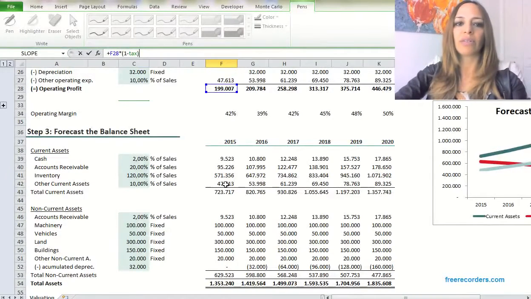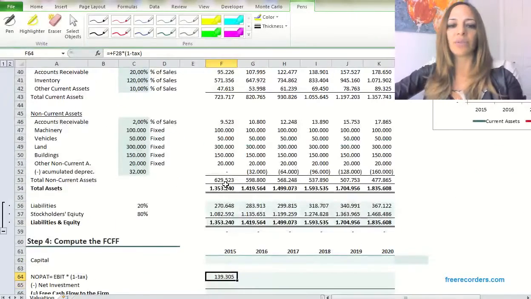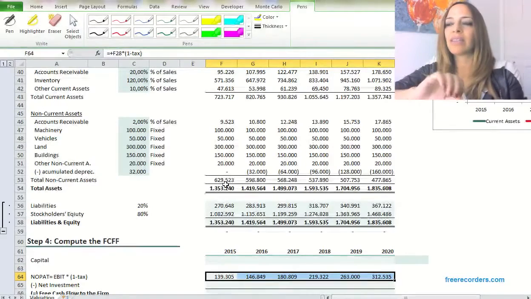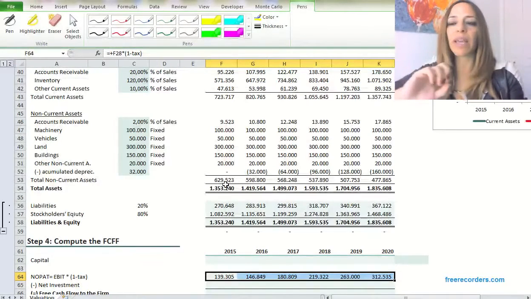Remember, it was 30% in this case. So we are deducting taxes, but not real taxes. We are deducting the hypothetical tax that a company without any debt would pay. A full equity firm would pay 30% on the EBIT. And that is what we are doing here.